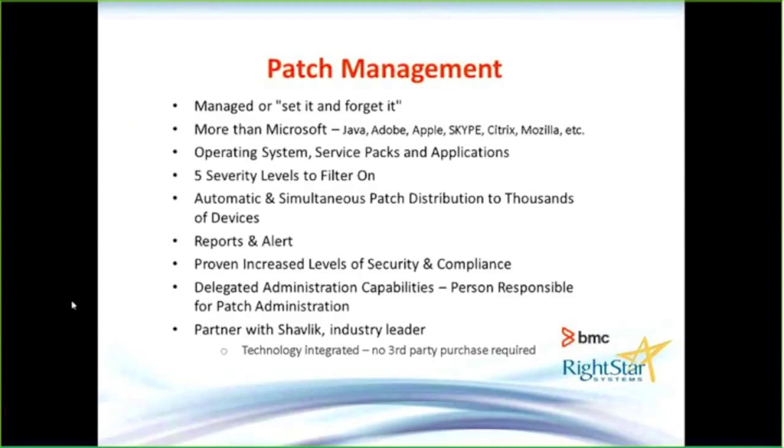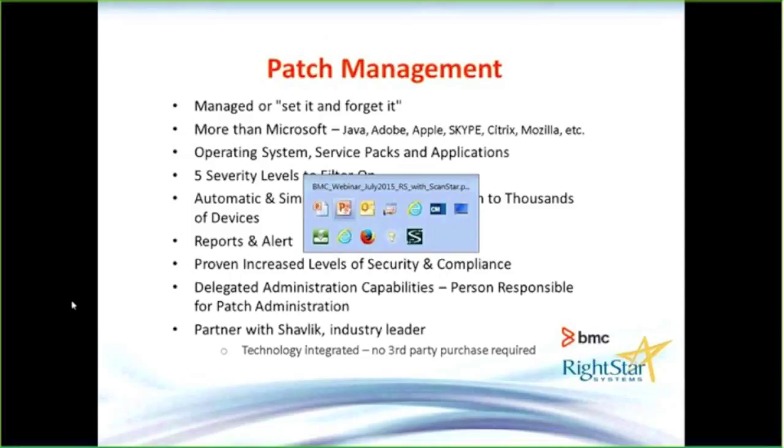Patch management: the additional thing that we're able to do, outside of just the operating system, is some of the third-party applications. What that means is you can turn off the automatic update that Java turns on and that Adobe turns on, because when I do those automatic updates, it could be breaking other functionality that we have.